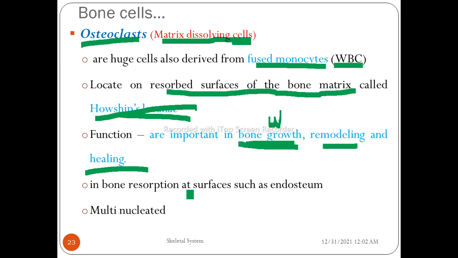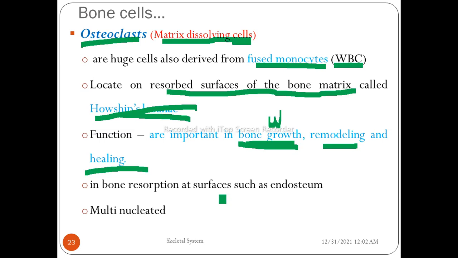In bone reabsorption at surfaces such as the endosteum, osteoclasts are mostly found on the endosteum area, because they degrade or dissolve the area around it. They widen the marrow cavity, or medullary cavity. The width of the bone increases, because bone matrix is deposited on the outer surface while osteoclasts degrade the inner surface.